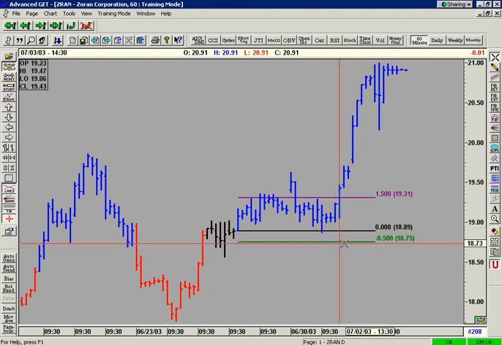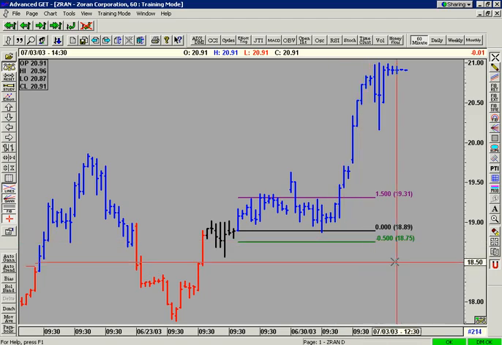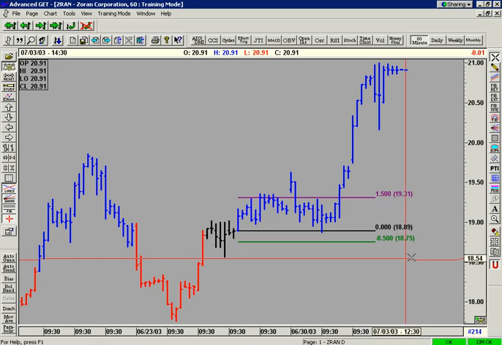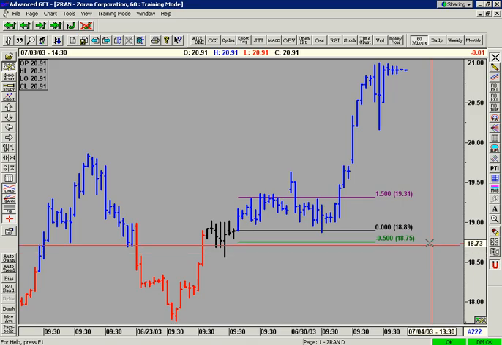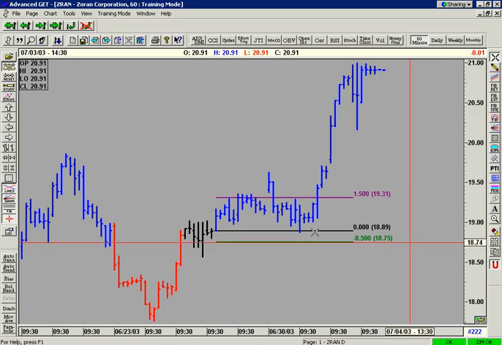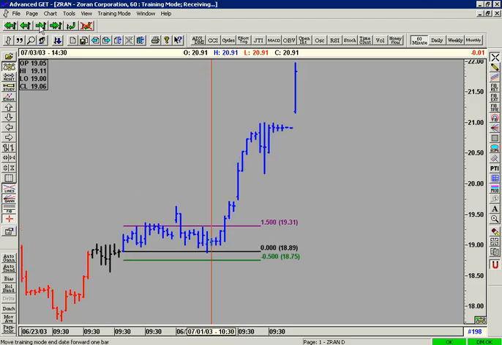So until you're profitable, use this negative 0.5 as the stop loss in your XTL breakout trade. So that's just the breakout trade. That's just one way that we can use this XTL tool.